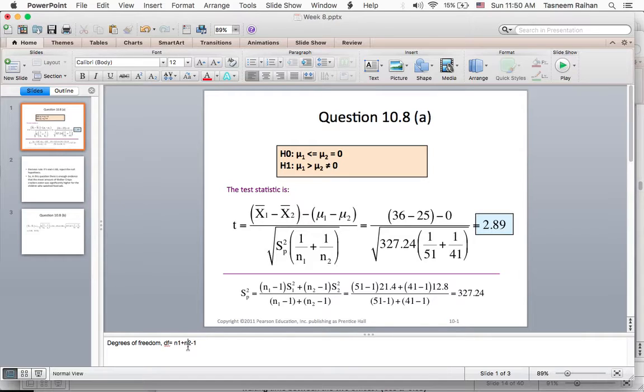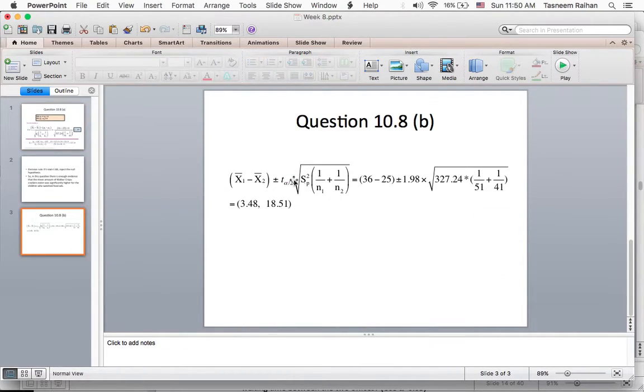Anyway, in this case we have n1 plus n2 minus 2. With n1 equals 51 plus n2 equals 41 minus 2, that should be equal to 90. That's the degrees of freedom here. And we have alpha equals 5% because of the 95% confidence interval.